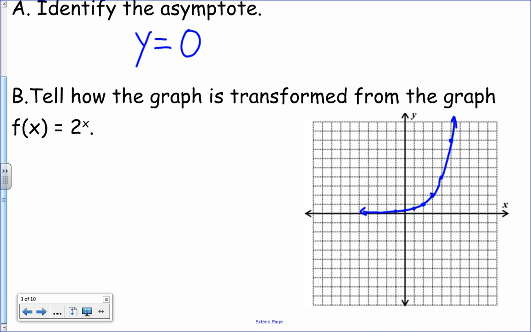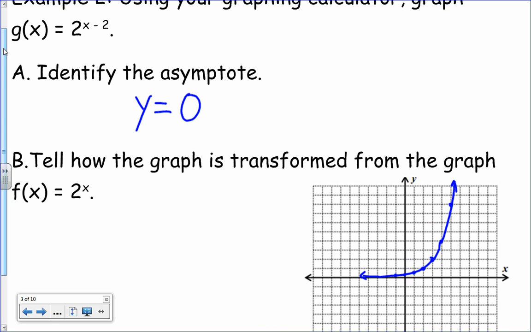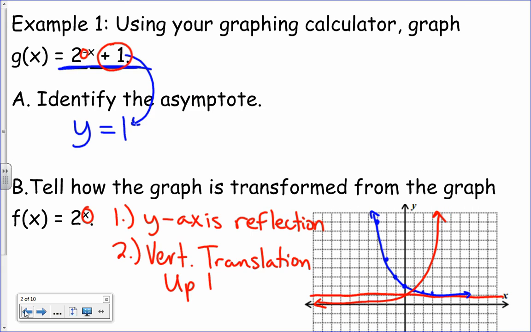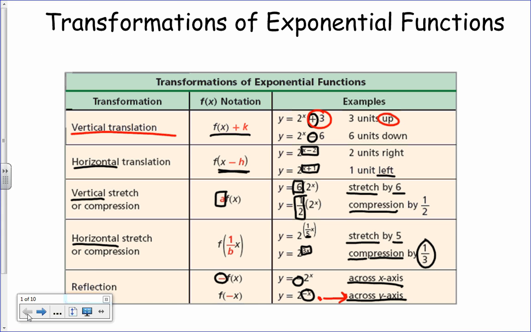Now, part B is tell how the graph is transformed from f of x equals 2 to the x. The only difference here is up in the exponent. You have an x minus 2 inside the exponent. So if you look back, I look for stuff inside the exponent. Here it is right here. 2 to the x minus 2 goes 2 units right.